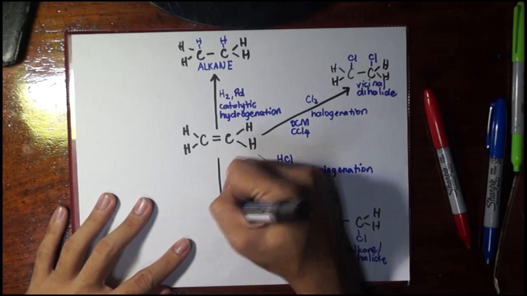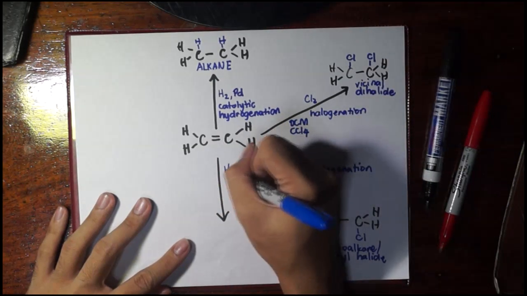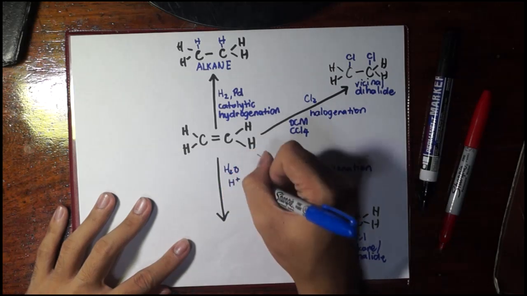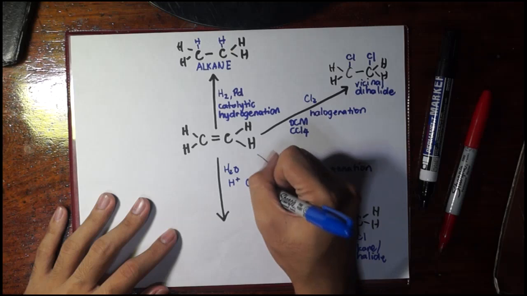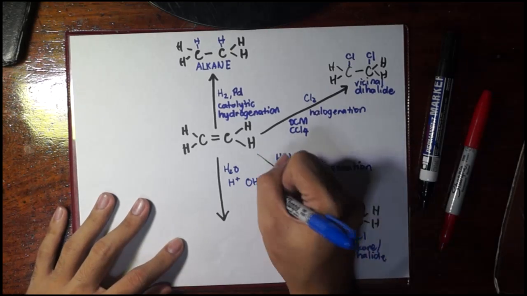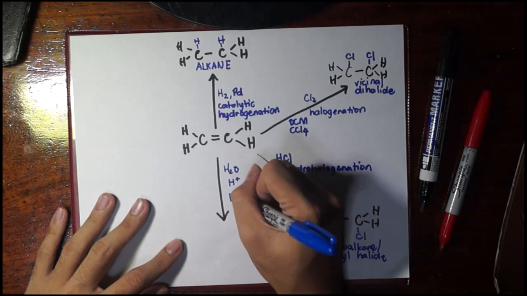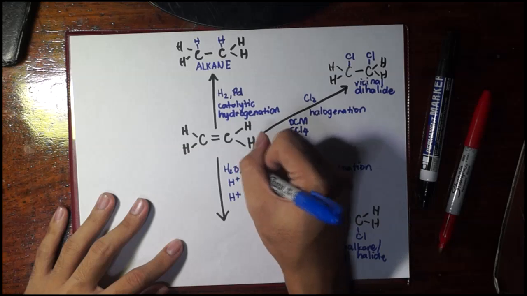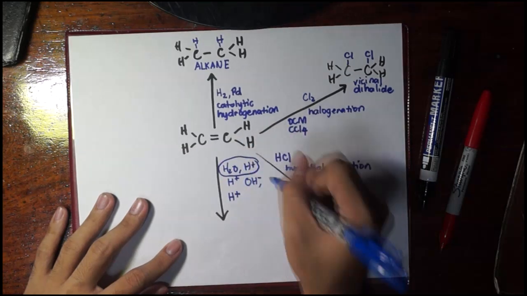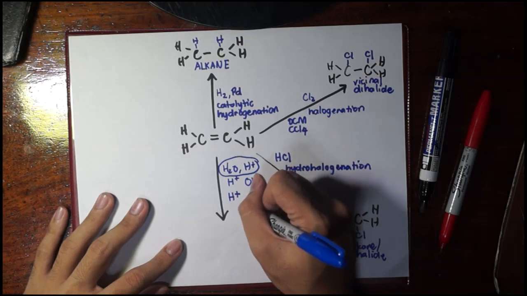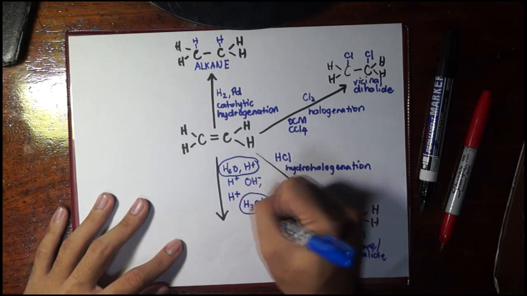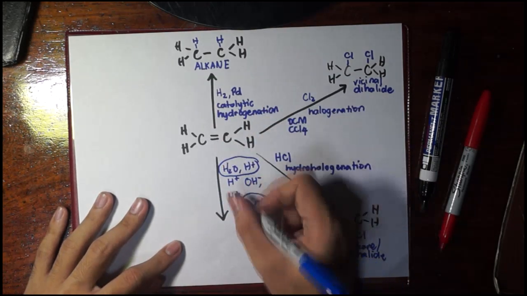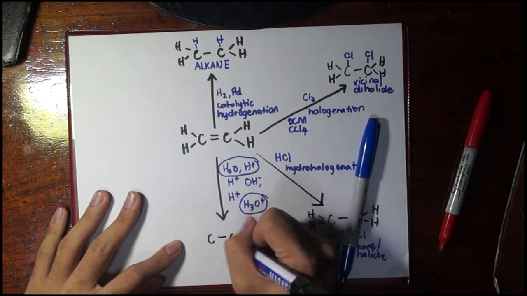Now, what if we add water, H2O? Actually, if you divide H2O, you get H positive and OH negative. And this should be in the presence of acid. That's why, for example, they either use the notation H2O plus H plus, or you combine them together to form H3O plus. It's just the same. So if you add water to an alkene in the presence of acid, well, let's just draw the product first.